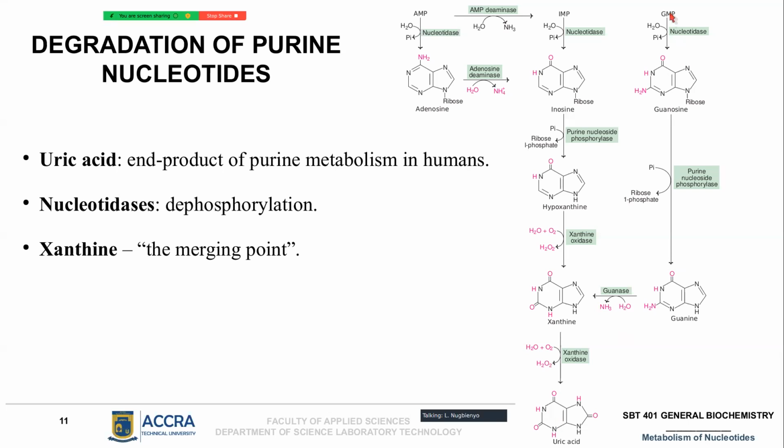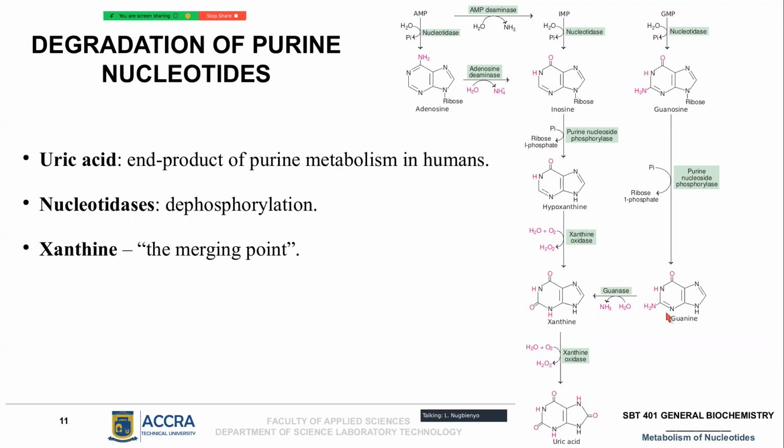For the guanosine monophosphate, first of all, there is dephosphorylation. But after the dephosphorylation, you don't have direct deamination to give you inosine; rather, the reaction continues such that the ribose is cleaved away, and you are now left with just the guanine.